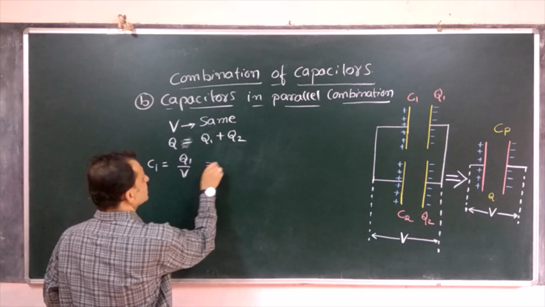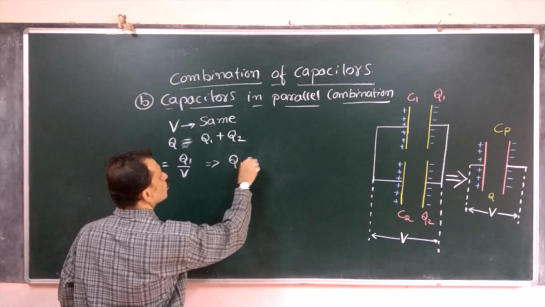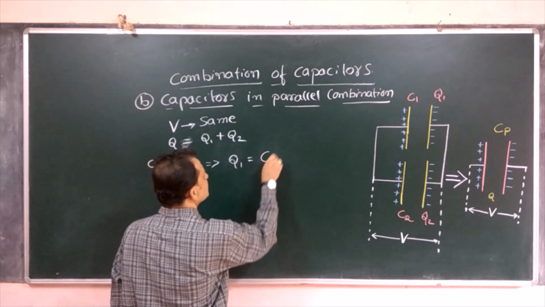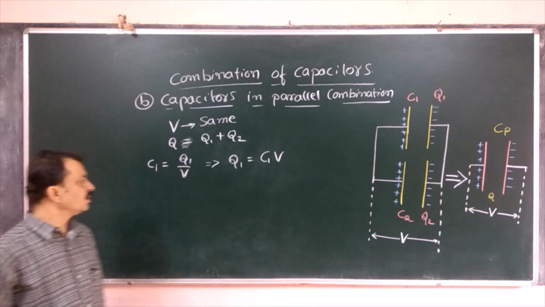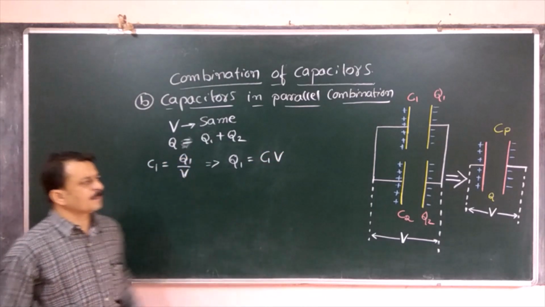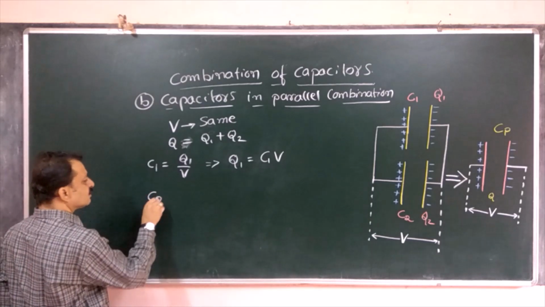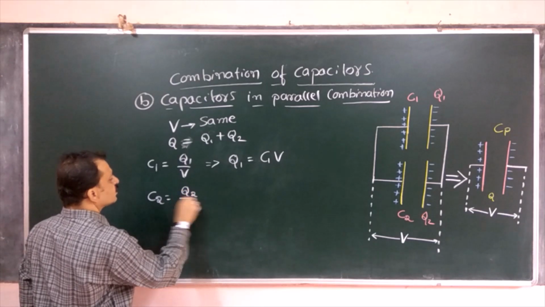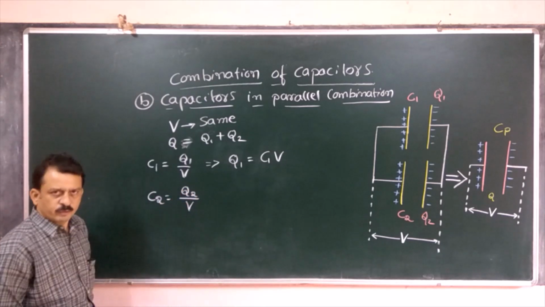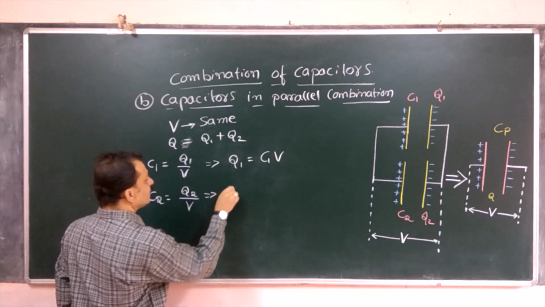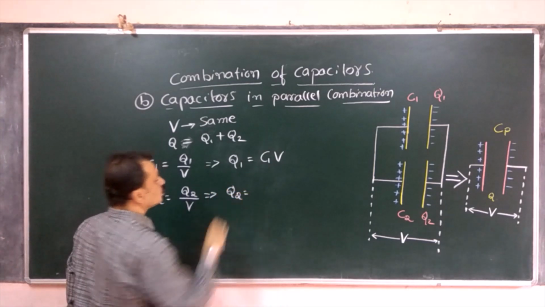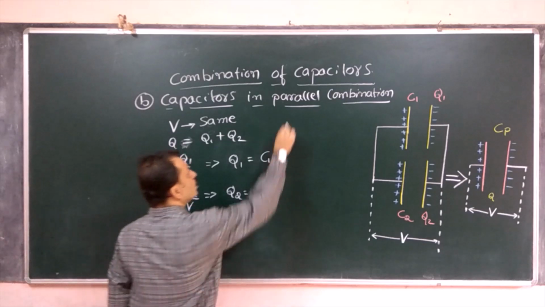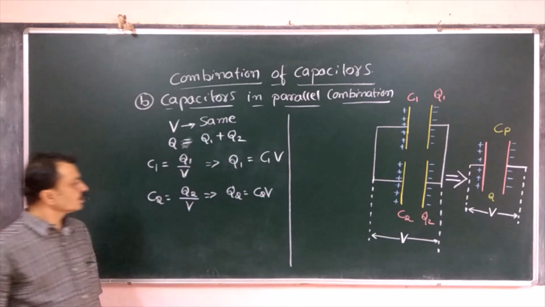Therefore Q1, the charge on the first capacitor, is C1 into V. Similarly, for the second capacitor, C2 is equal to Q2 divided by V, so Q2 is equal to C2 into V.